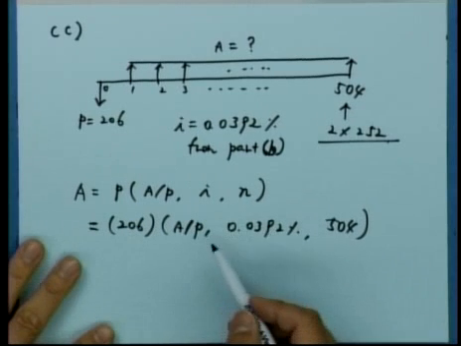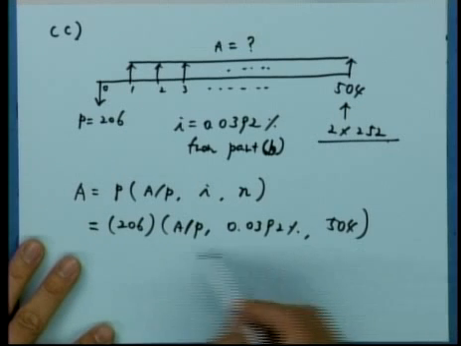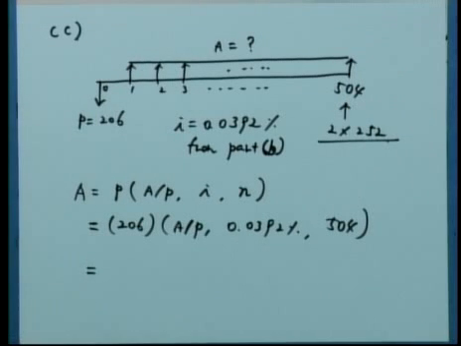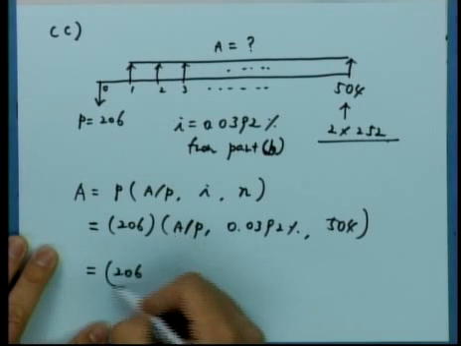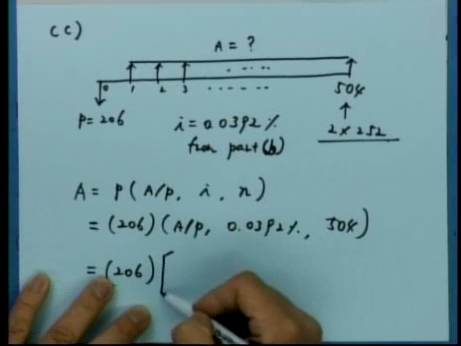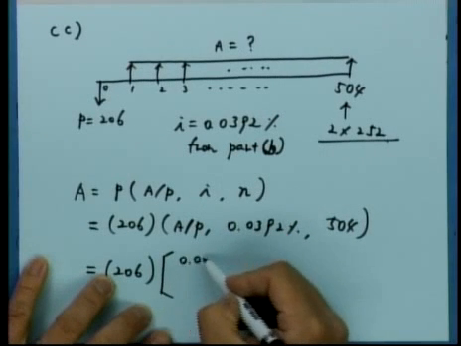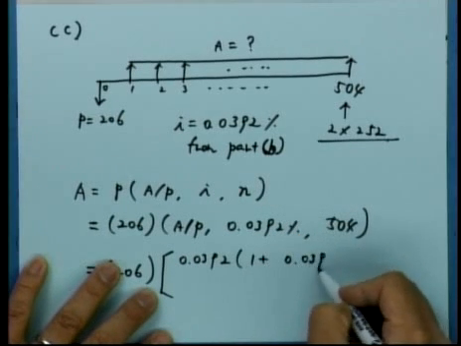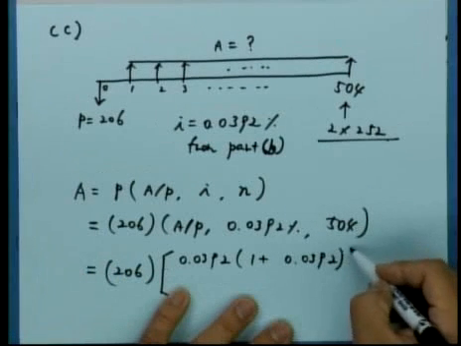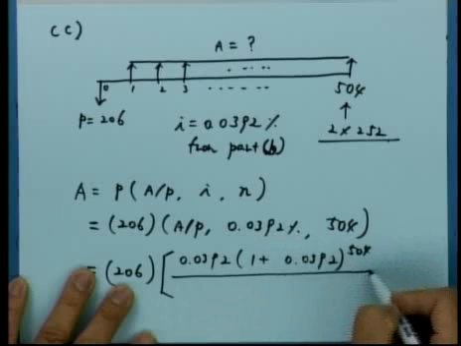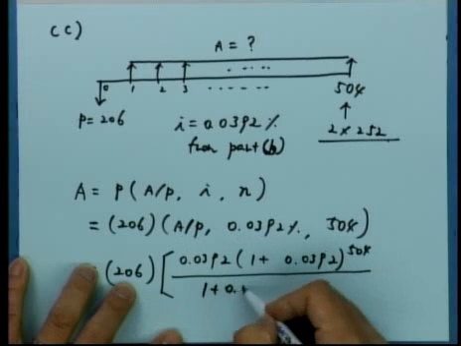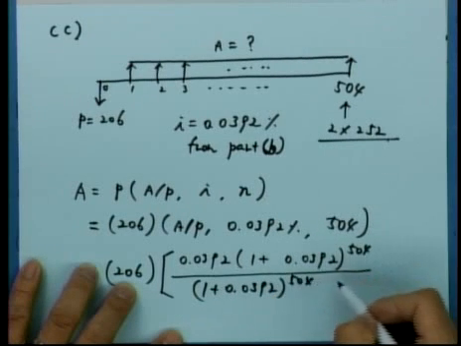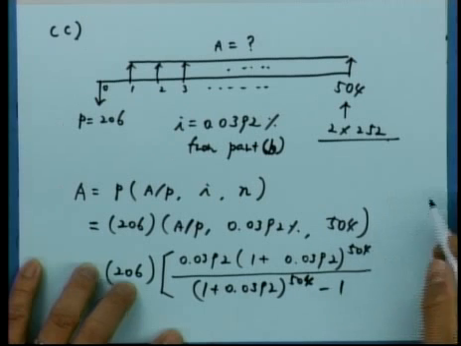And the compound interest table from our text does not provide this value, so you may want to go with the formula, which is 0.0392 times 1 plus 0.0392 to the power n, which is 504, divided by 1 plus 0.0392 to the power n, 504, minus 1.